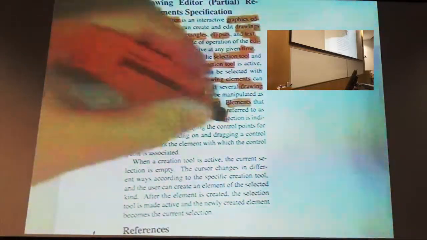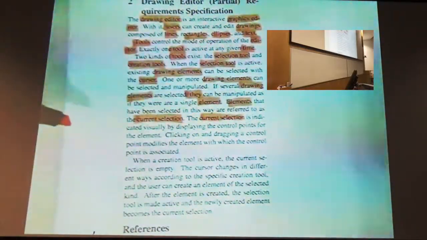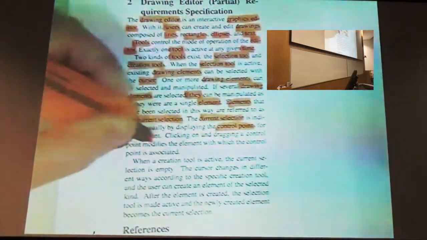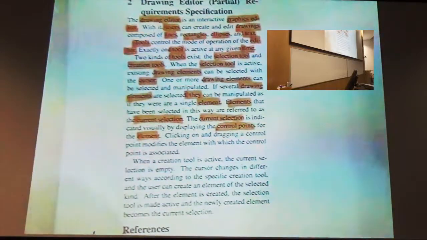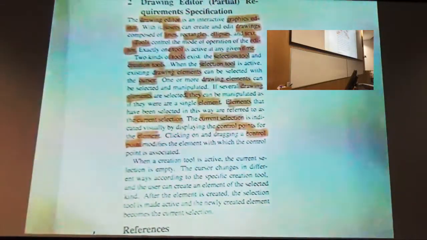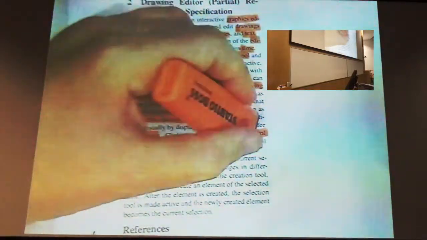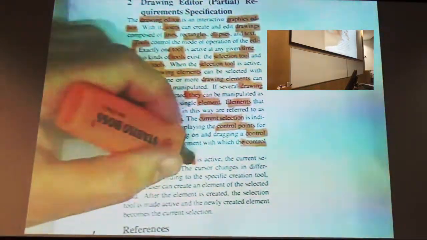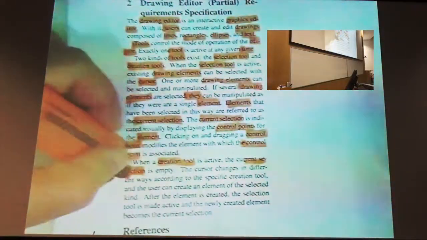The current selection is indicated visually by displaying the control points of the elements. Clicking and dragging the control point modifies the element with which the control point is associated. When a creation tool is active, the current selection, there it is again, current selection is empty.